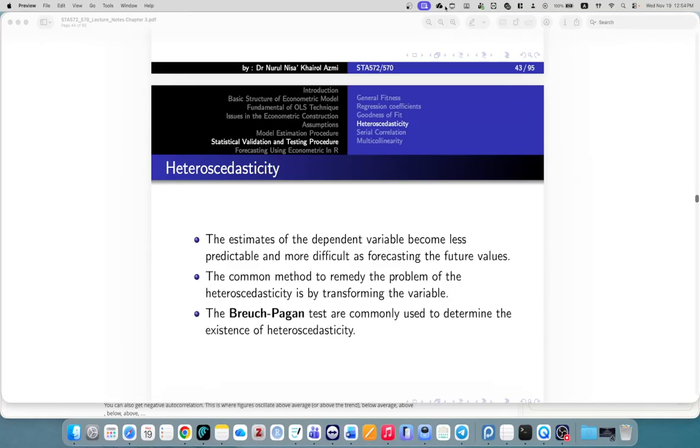You can transform the variables, either the dependent or independent variables, to see whether it improves the heteroscedasticity problem or not.